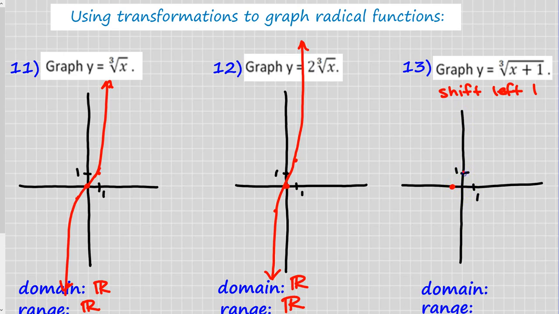The point (1, 1) is now at the point (0, 1). The point (-1, -1) is now (-2, -1), etc. Something like that. But the domain and range are still all real numbers. It's pretty hard to change that. When you have all real numbers and you move something around, you still have all real numbers.